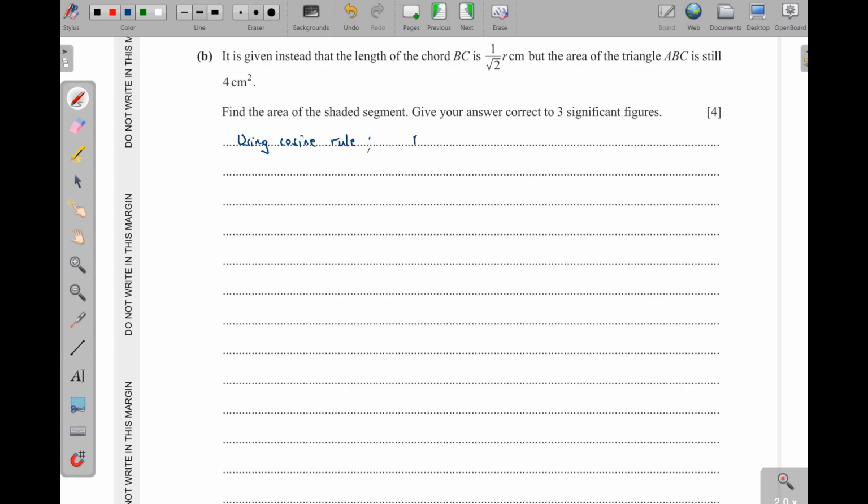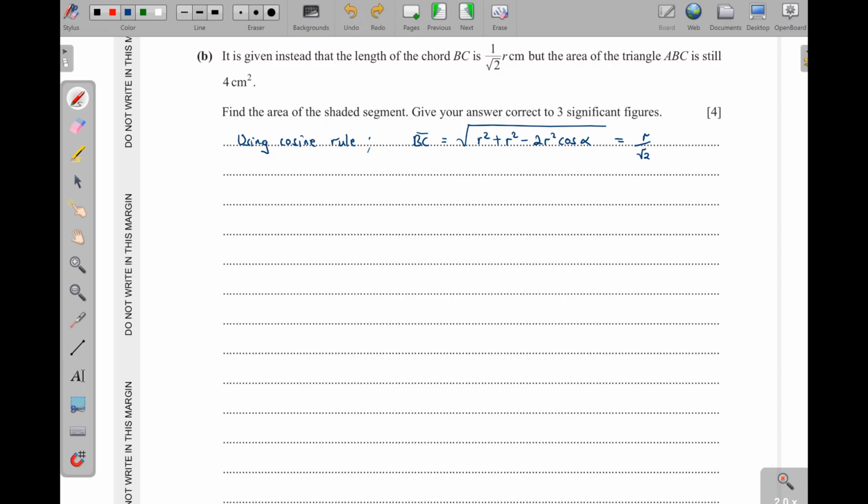we have BC here shall be equal to the square root of r squared, then plus r squared minus 2 times r, that is r squared, then cos of the angle that is opposite to BC, which is alpha. You get it? And actually this one is given as r over root of 2 here. All right, now we can square both sides even.